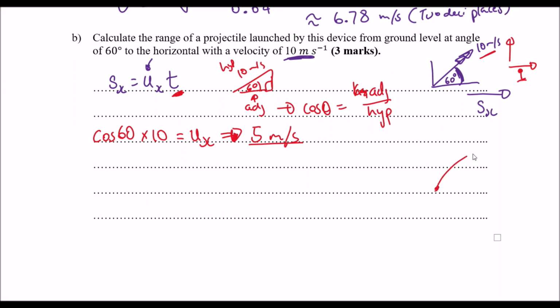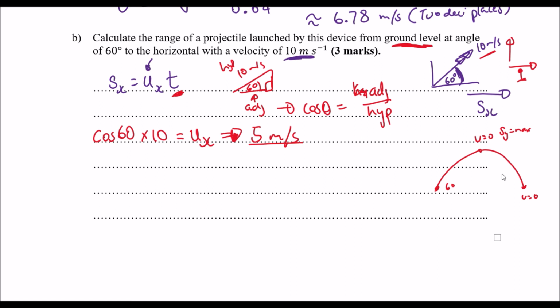When we launch this object at 60 degrees, there will be a point where it stops moving, and that's where we reach maximum height. After that, it's going to drop back down. That's obviously assuming we start the launch at a ground level position.